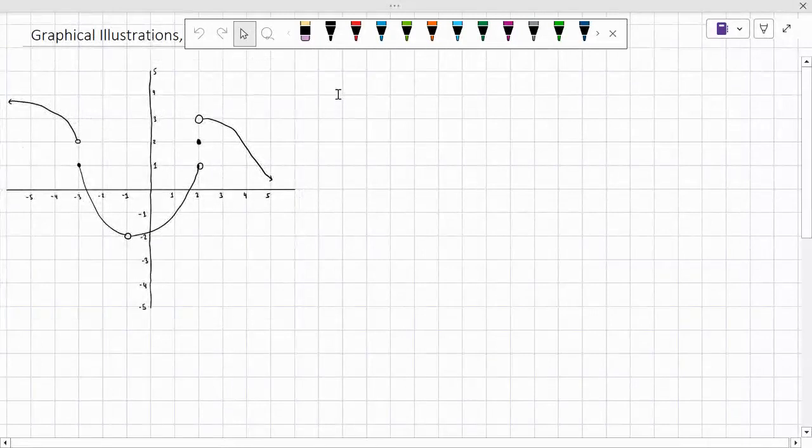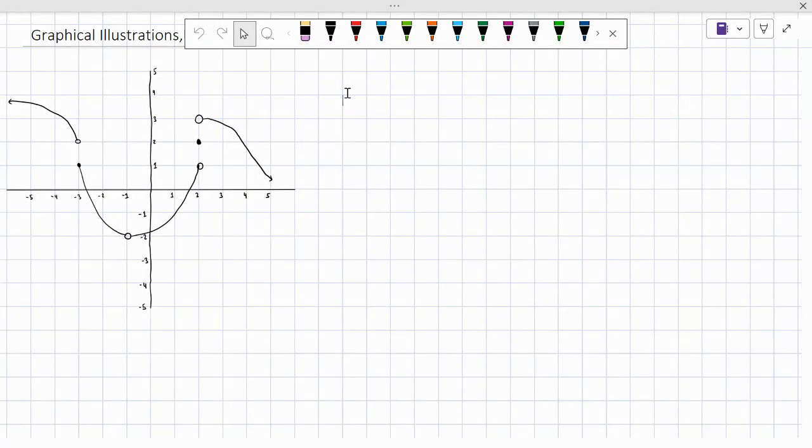Here I've got a nice little picture of the graph of some function. You can see this function has a weird looking graph. There are some holes in it and some jumps in the graph as well.